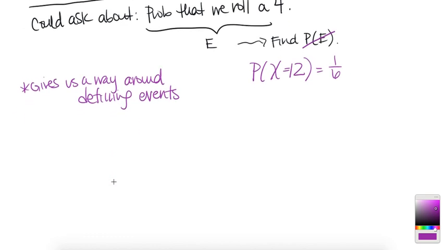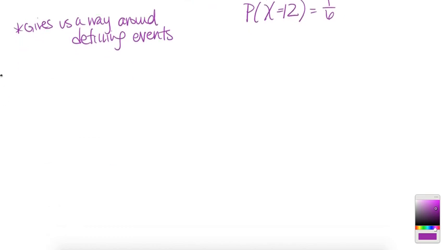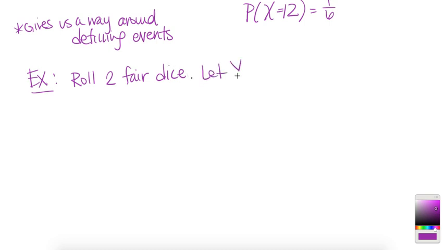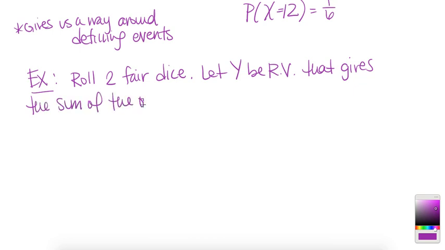Let's do an example. So let's say we roll 2 fair dice, and we're going to let y be the random variable that gives the sum of the outcomes on the dice.